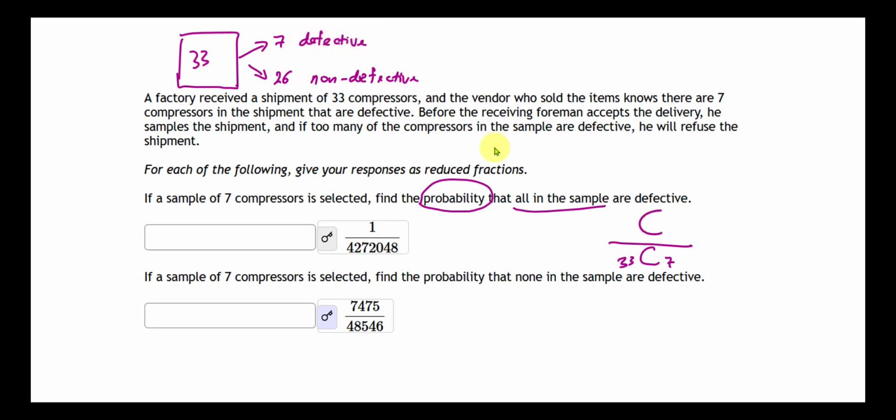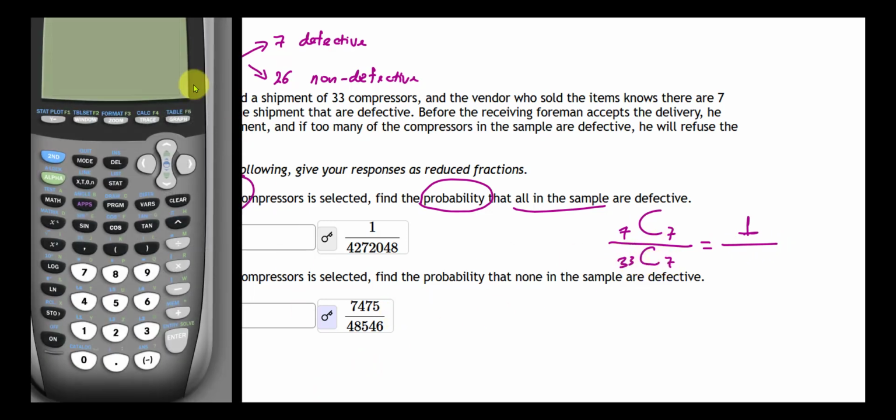We have only 7 defective items, so we take 7 of them out of the 7 defective ones, over the entire possible choices. So 7 choose 7: there's only one choice to do that. And then 33 choose 7.